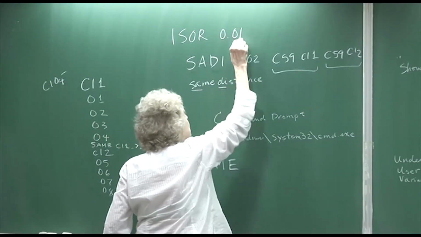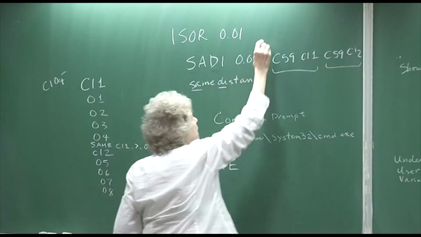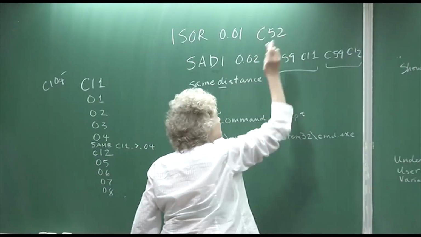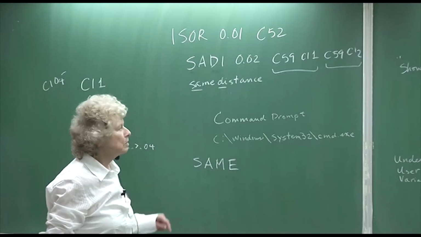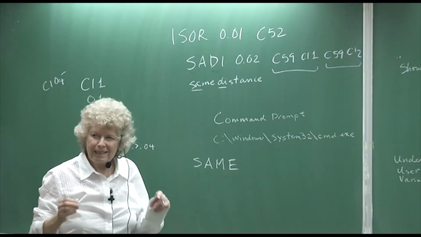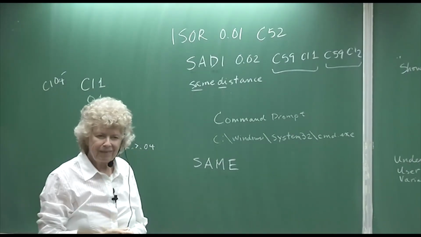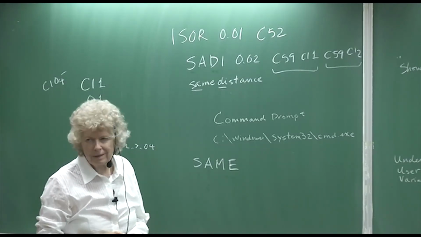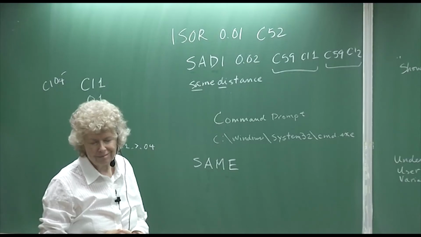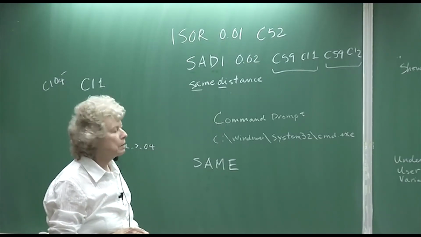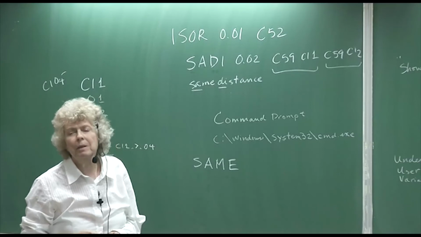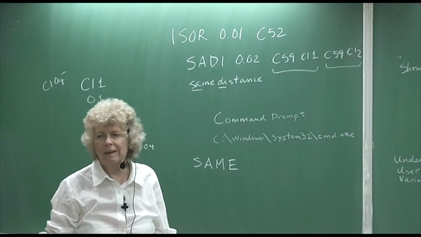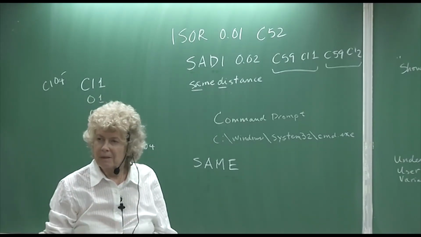Say you use 0.01, and then the bad atom, C52 or something like that. It won't make it completely isotropic, but less, the axes of the thermal ellipsoid will be less different. So it's again a restraint that's making it more approximately isotropic. Sometimes that's all you need to do.